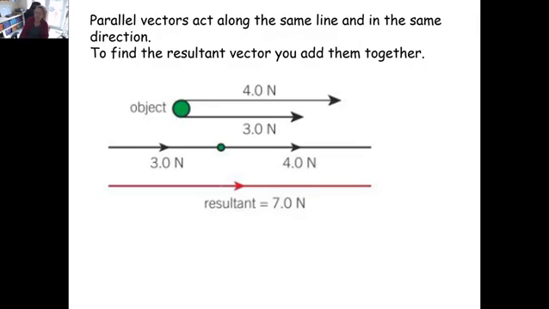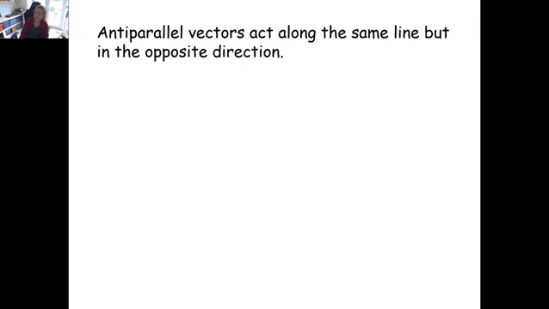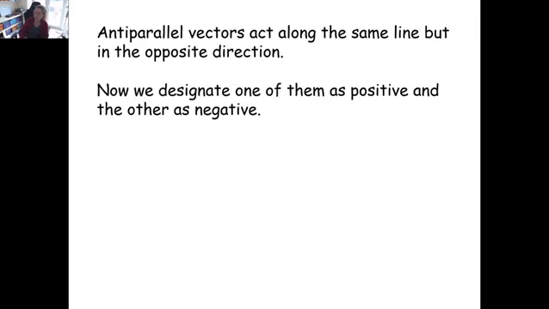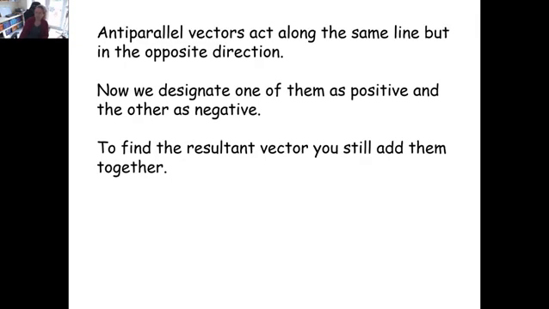Similarly, if you have forces in opposite directions, so that the vectors are acting along the same line but in an opposite direction, now we have to designate one of them as positive and the other one as negative. And then to find out the resultant vector, you still add them together.